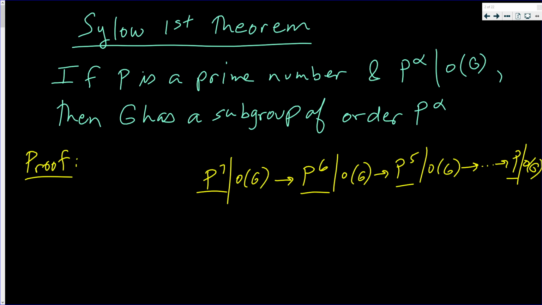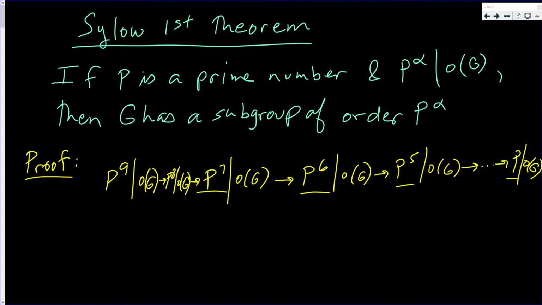Now, nobody's saying that it won't have a subgroup of order p to the 9. If p to the 9 divides the order of the group, then it will have a subgroup of order p to the 9. And of course, it will then have a subgroup of order p to the 8, and p to the 7, all the way down to p.